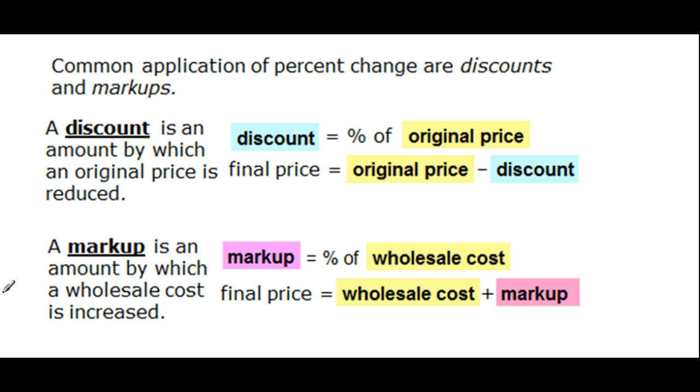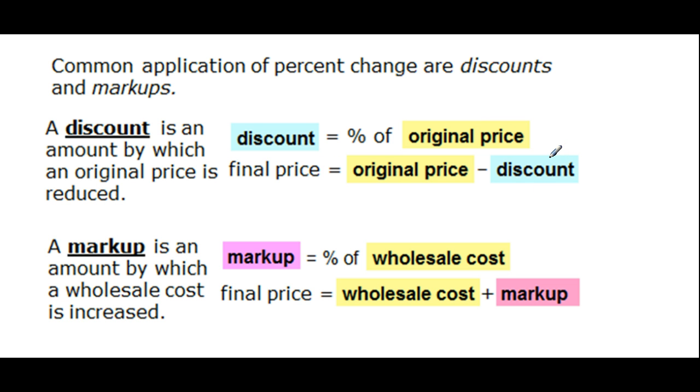Some common applications are going to be a discount or a markup. A discount is the amount that it's reduced, that's taken off, all right? And a markup is the amount that we're going to add or increase it, okay? So they tell you the discount is the percentage of the original price, and you take the original price minus the discount.